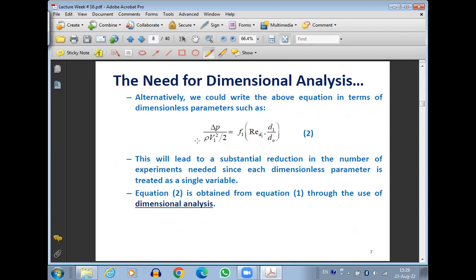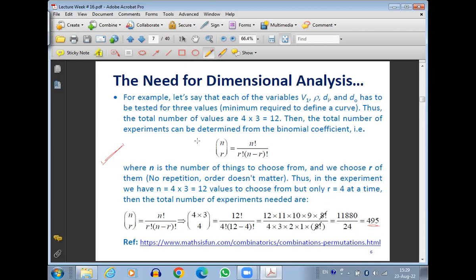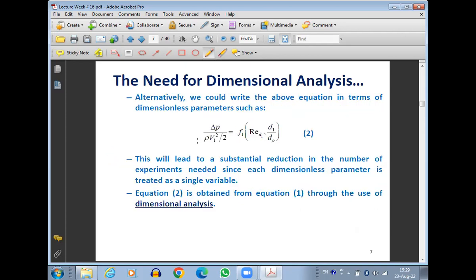Now, instead of finding out the dependence of delta P over those 4 variables, we try to determine the dependence of this dimensionless parameter over these 2 dimensionless parameters.